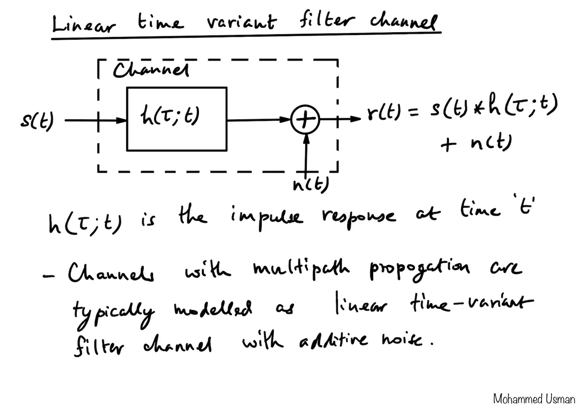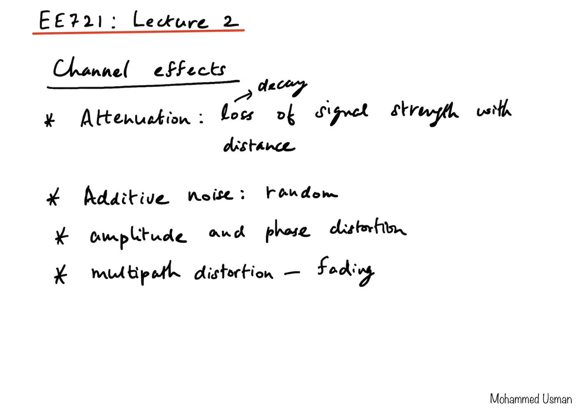All right, so that brings us to the end of this lecture, and just to summarize, what we have seen today is the types of channels and the mathematical models of the channel. Let's quickly recall them.